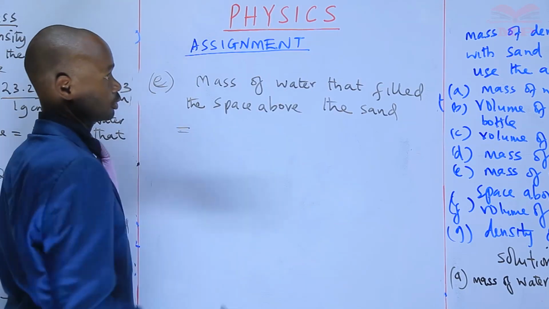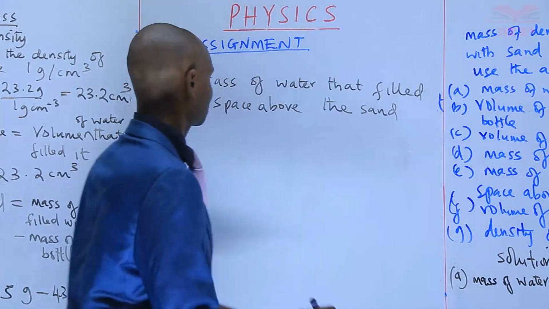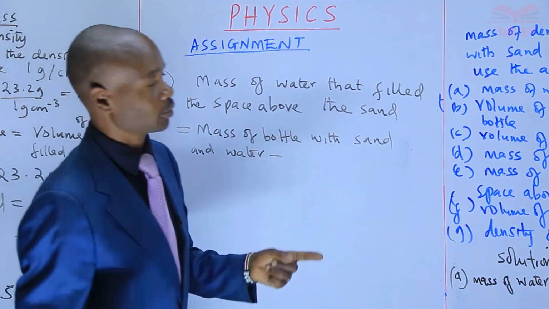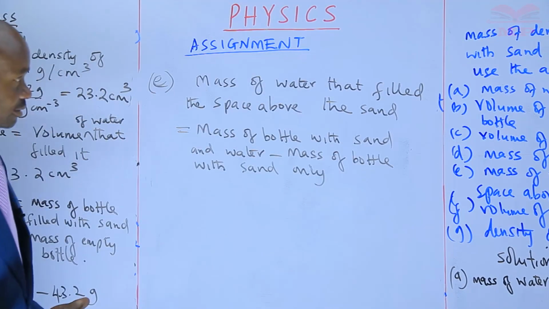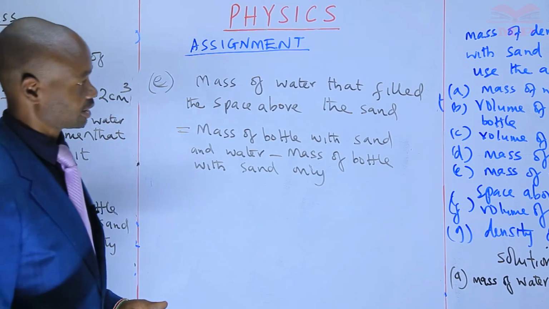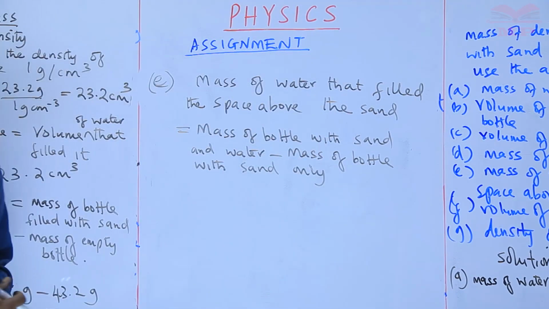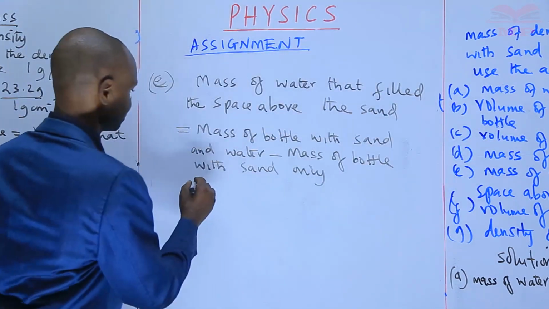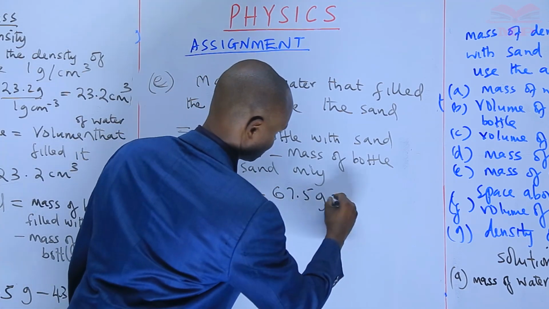So that will simply be the mass of the bottle with sand and water, subtract the mass of the bottle with sand only. Those are given: 82.3 grams, subtract 67.5 grams.